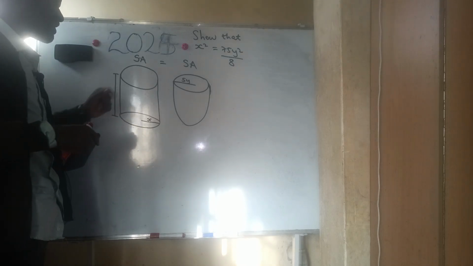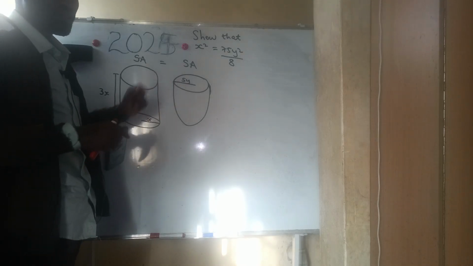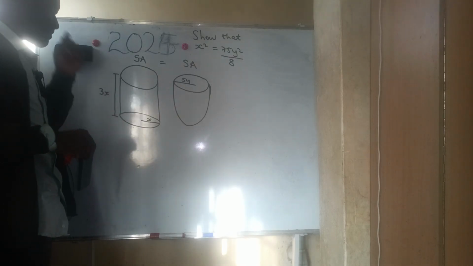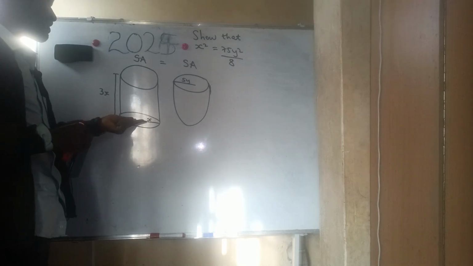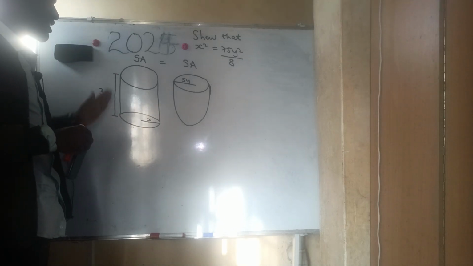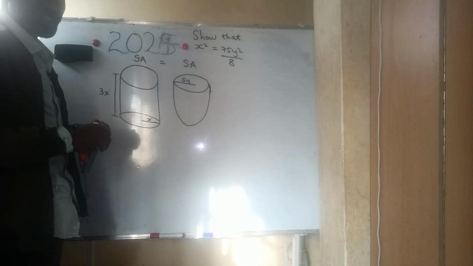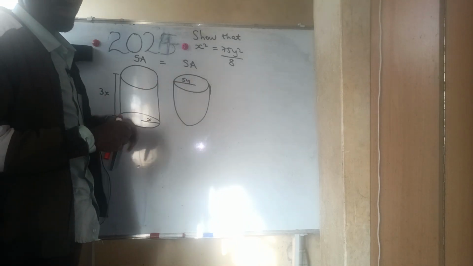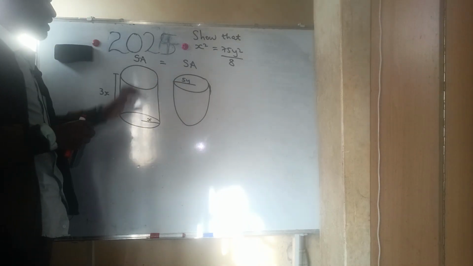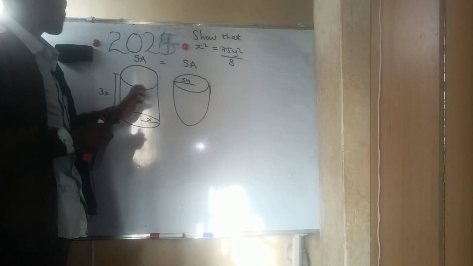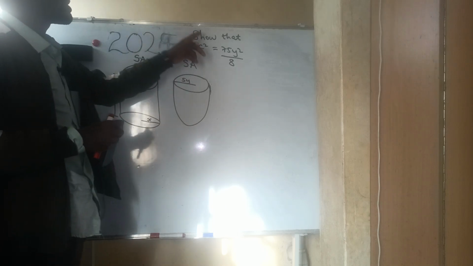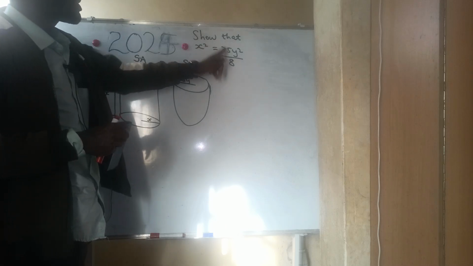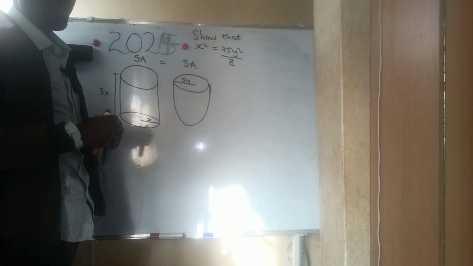The first one is a cylinder, and the second one is a hemisphere. The cylinder has a radius x and height 3x. The hemisphere has a radius 5y. We are told that the surface area of this cylinder is equal to the surface area of this hemisphere, so we are to show that x squared should be equal to 75y squared over 8.